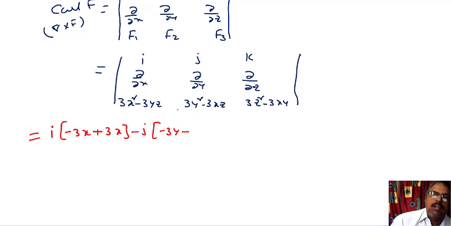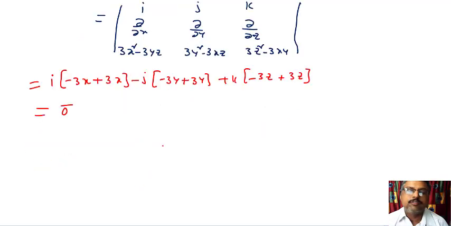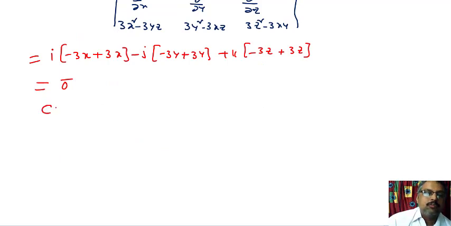Dou by dou z of this term is plus 3y. Plus k into dou by dou x of this one is minus 3z. Minus, or minus plus, again plus 3z. So finally you will get 0 bar. So curl F equals 0 bar. This is a most important question.